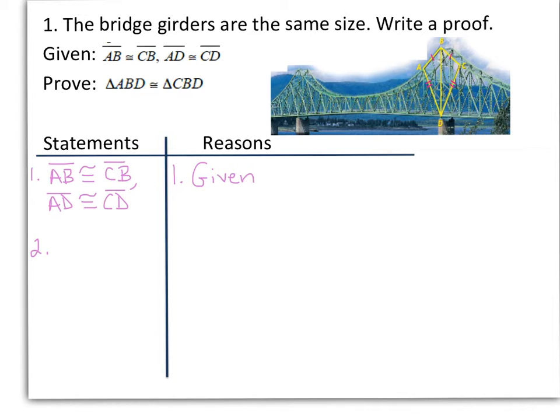So looking at my figure, I notice that triangle ABD and triangle CBD share the side BD. So that means that side BD is congruent to itself. And we saw in the last section, we can say that because of the reflexive property of congruence.